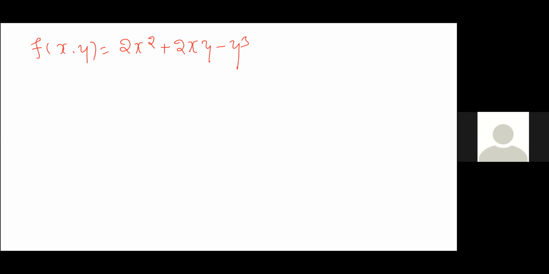So that means you have to find dou f by dou x. What's the partial derivative of f with respect to x? The derivative of 2x square is 4x.